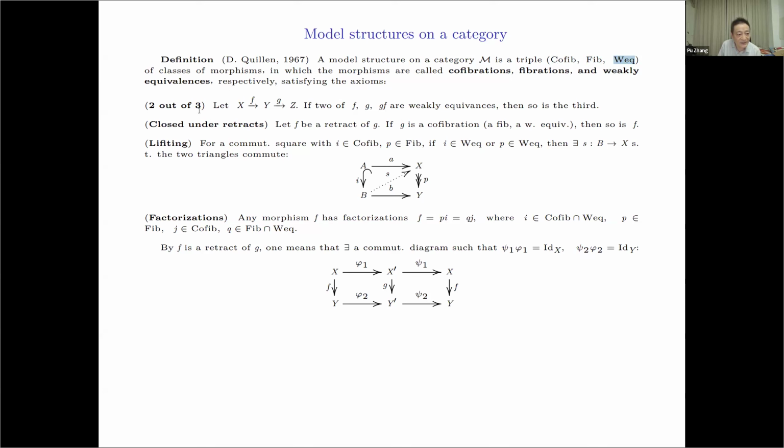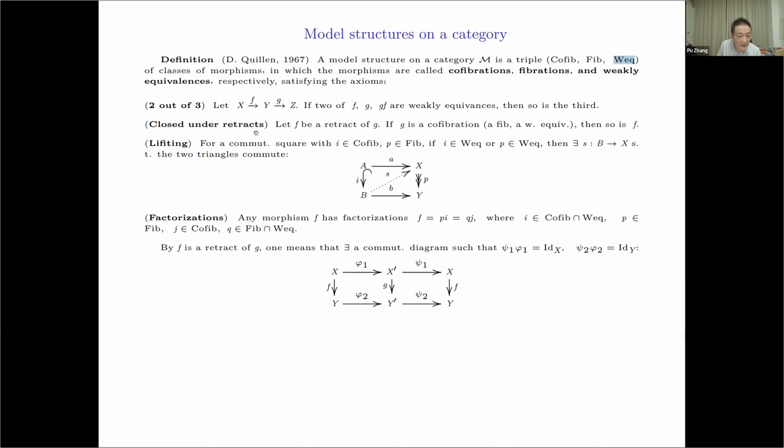The first is two out of three. That is, if we have two composable morphisms f and g, then if two of f, g, and the composition are weak equivalences, then the third is also a weak equivalence.